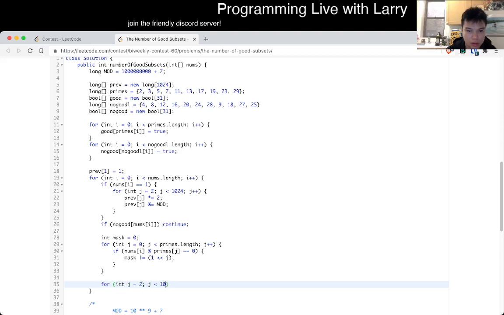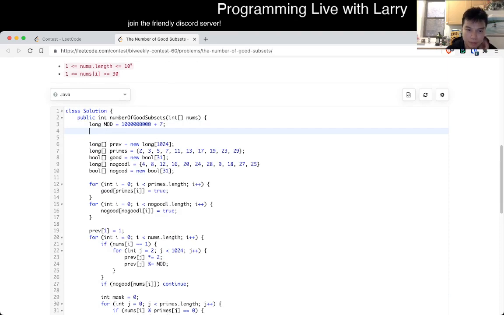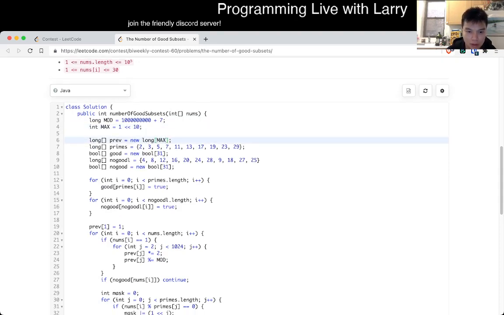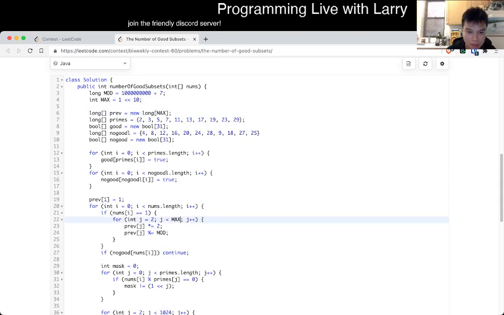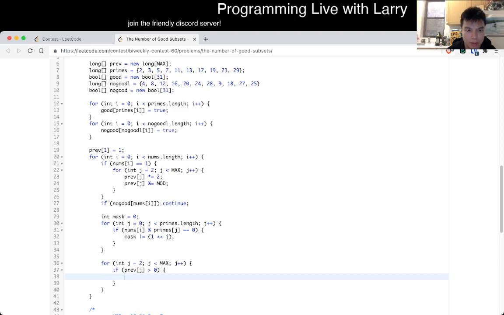Oops. I need to put this in a constant somewhere, because I feel like I'm going to have a typo somewhere. Okay, then now if previous of j is greater than 0, that's what I need the 0 for, but that's fine.